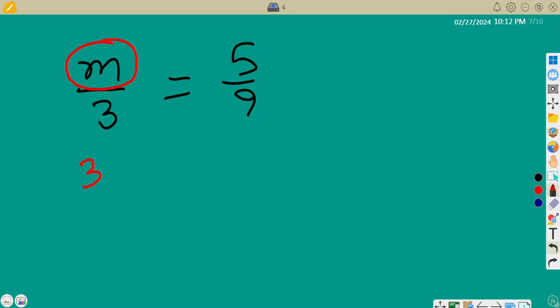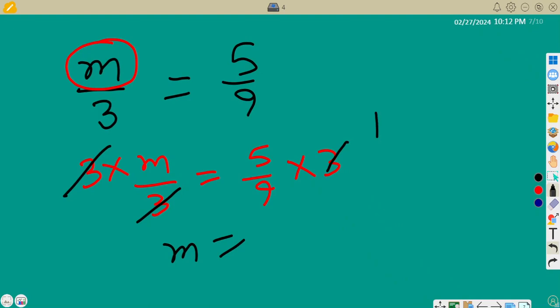So 3 times m upon 3 as it is, and 5 upon 9 times 3. And now cancel out, m equal to, it will be 1 here and 3 here. So 5 upon 3. So that is the answer.